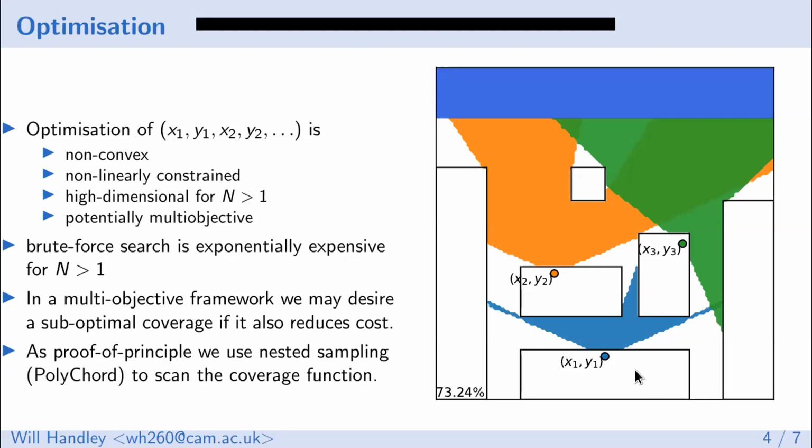You may not even want to find the absolute best one, because in a multi-objective framework you may desire a suboptimal coverage if it also reduces cost, or if that coverage is more robust to small changes in the locations of sensors. The other thing to note is that this is high dimensional, and if you were to brute force grid search, this becomes prohibitively expensive for n=1 or for high resolutions.